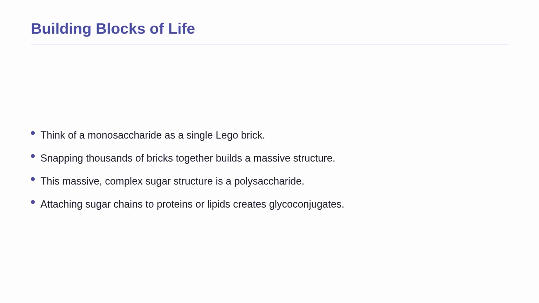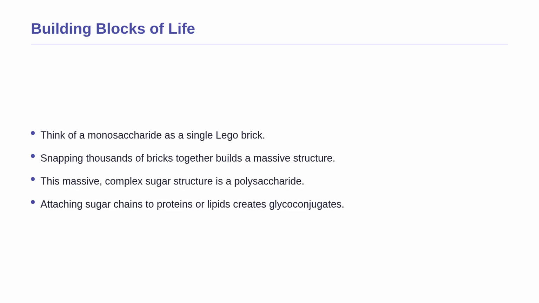To understand these massive molecules, think of a single simple sugar, or monosaccharide, as a single Lego brick. On its own, it is quite simple. But if you snap thousands of these bricks together, you can build a massive castle or a long bridge. In biology, that massive, complex structure is called a polysaccharide.